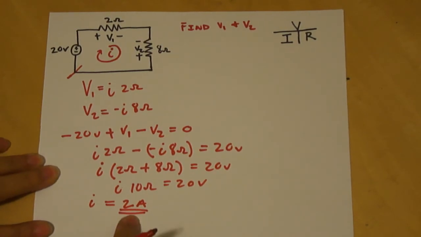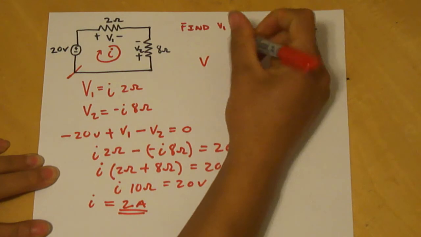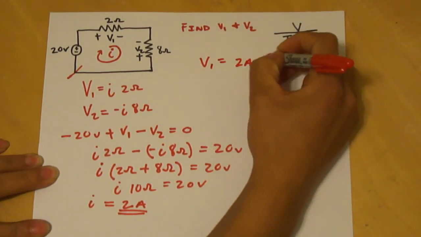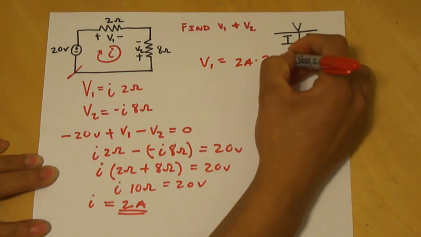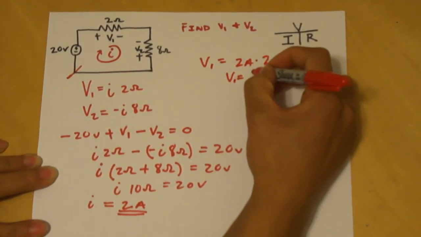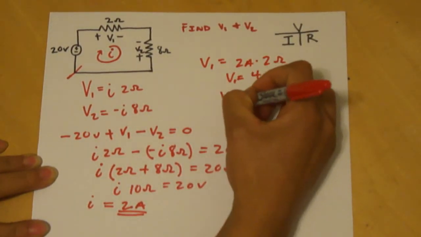Now we can take this 2 amps and plug it into both of these right here. So V1 is going to be 2 amps times 2 ohms, which is equal to 4 volts. And the same for this one.